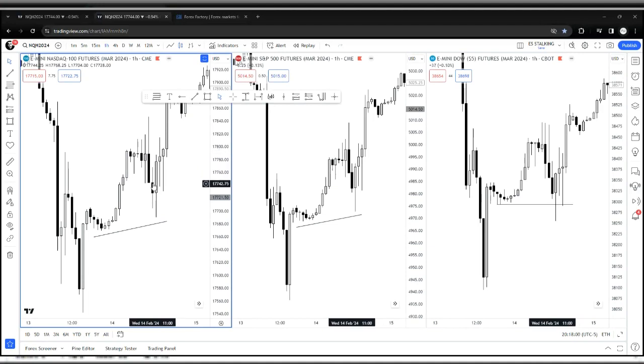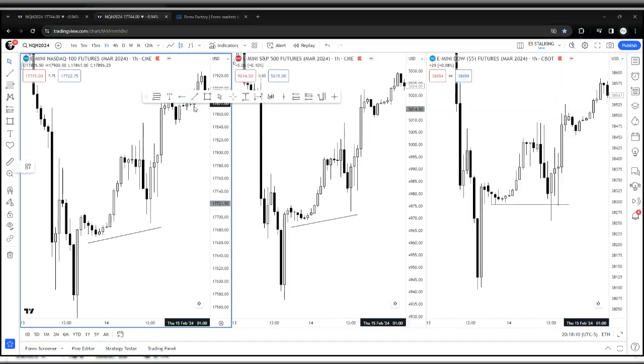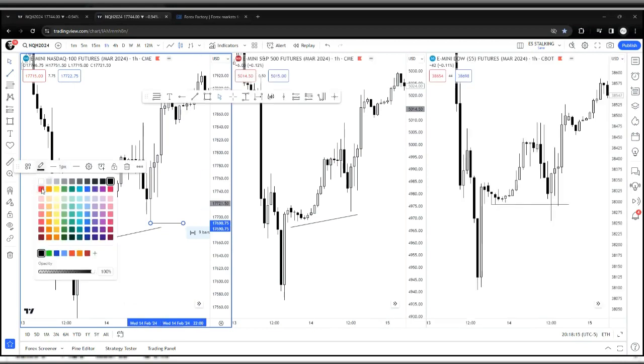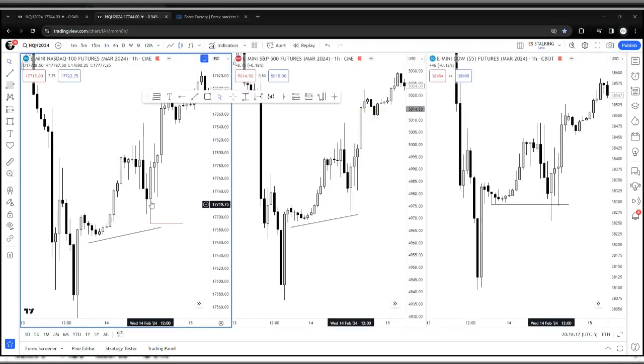You can enter anywhere within this candle and put your stop below this low, which is a swing low. So for example, this would be your stop, right? And this is how you backtest. And this candle right here is where your zone would be, where you would look to enter.